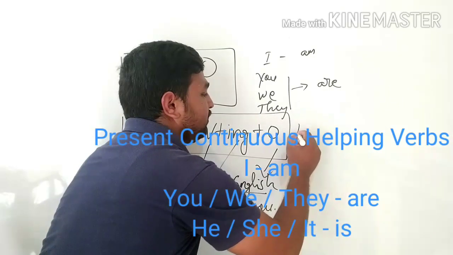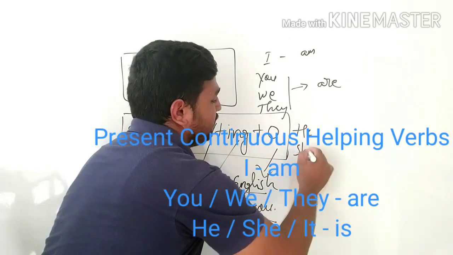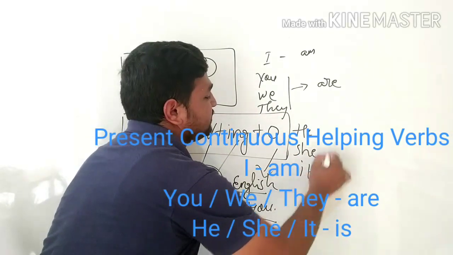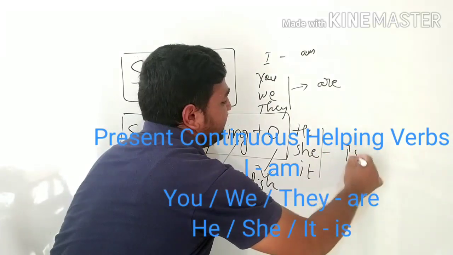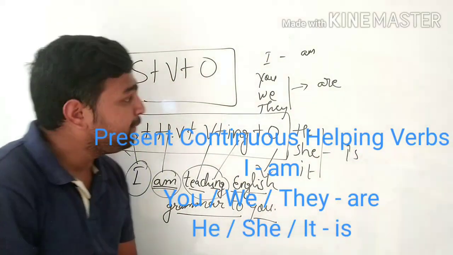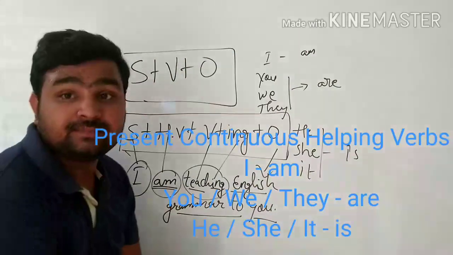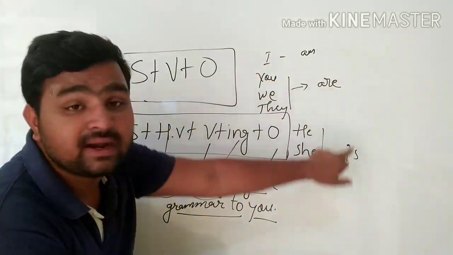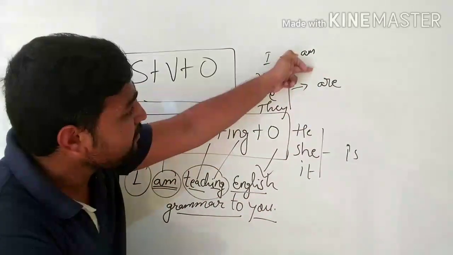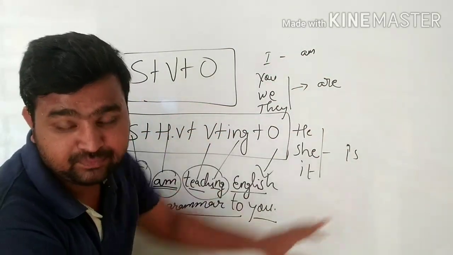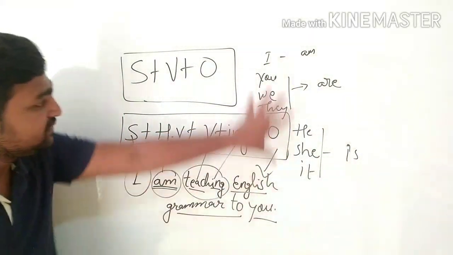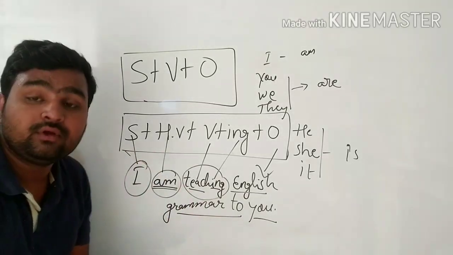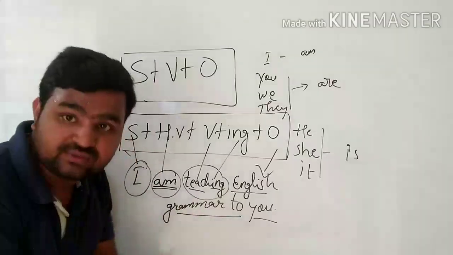Then for he, she and it, we use is, right? The important helping verbs in present continuous tense are am, are and is. This is the structure of an affirmative sentence or declarative sentence or positive sentence, right?